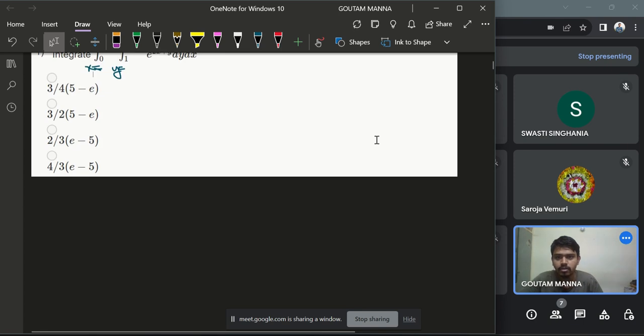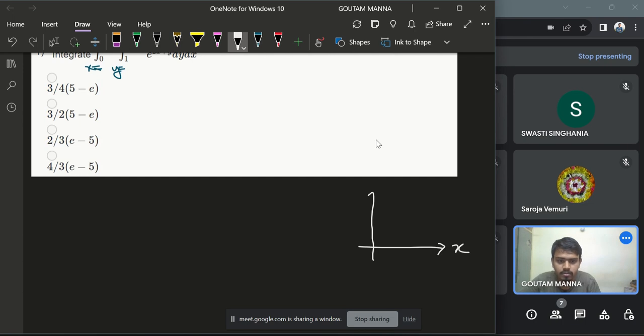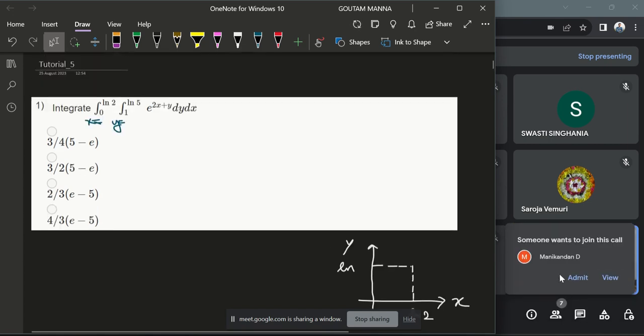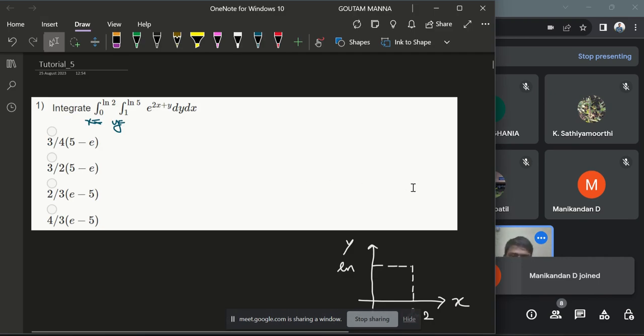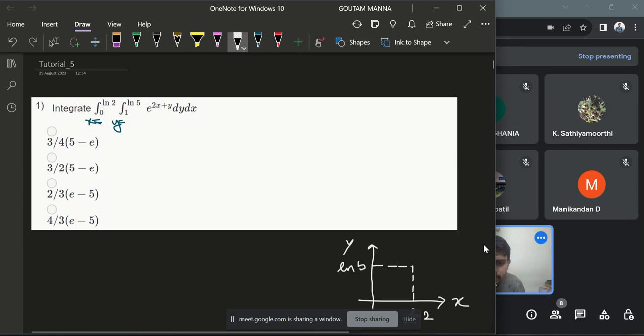If I draw the region, x is going from 0 to ln 2, and this is ln 2, and this is ln 5.